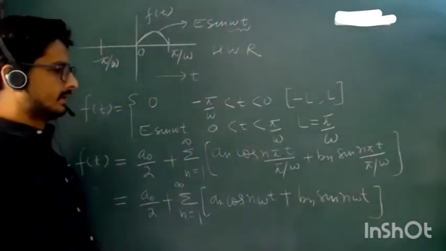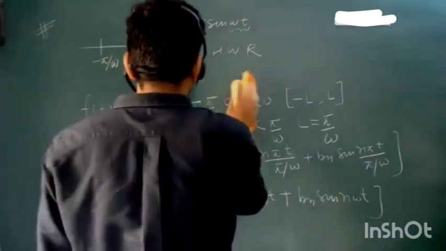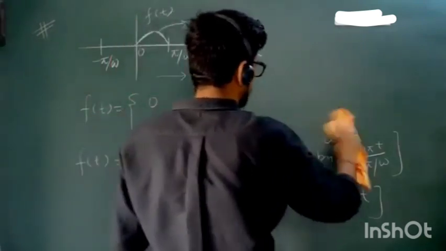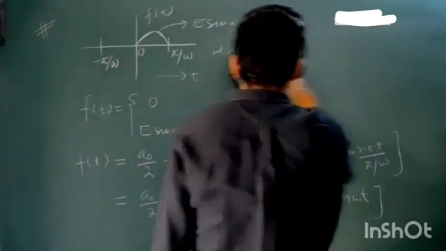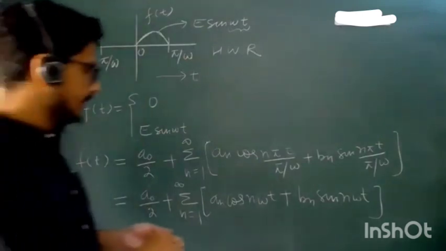And now we will calculate the values of a naught and an and bn. Correct? So I will just take this part and here I will solve. So firstly, the value of a naught.